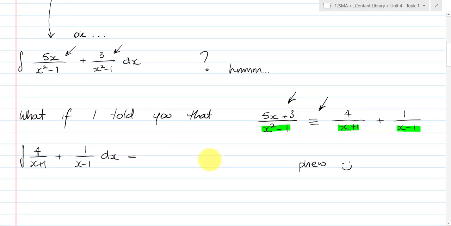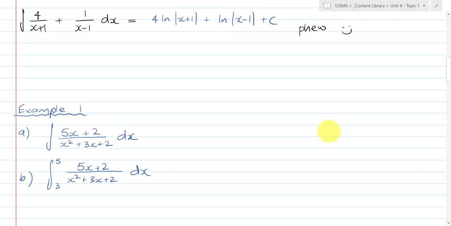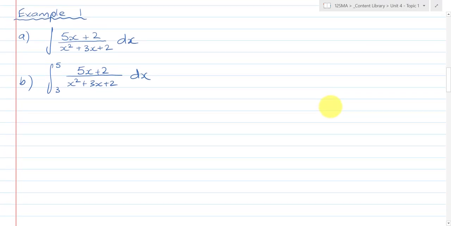Now, if we were to integrate this, of course, we would get 4 log x plus 1 plus log x minus 1 plus c. That would be a fairly easy question to do once we've broken it down into what we call partial fractions. So let's have a look at example 1, and through this example I'll show you how to apply partial fractions, and then we'll do a definite integral.